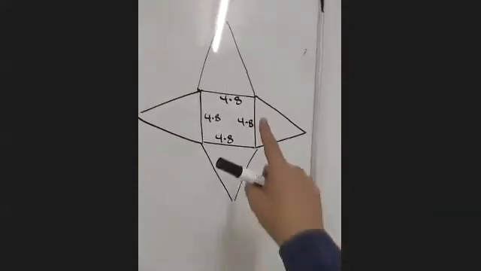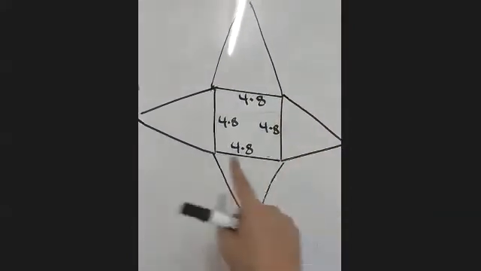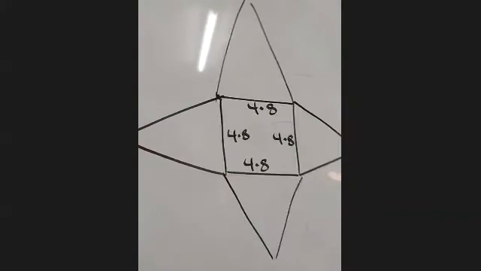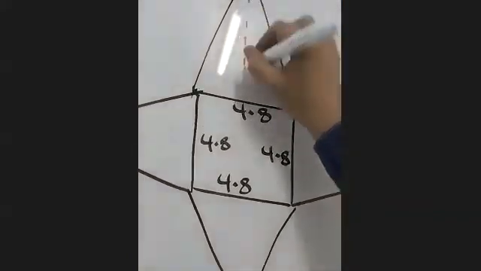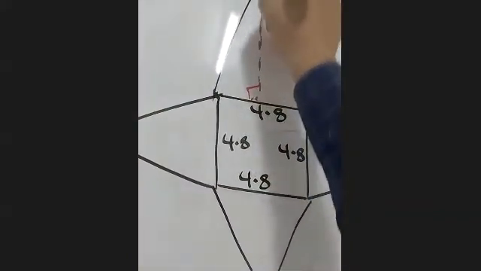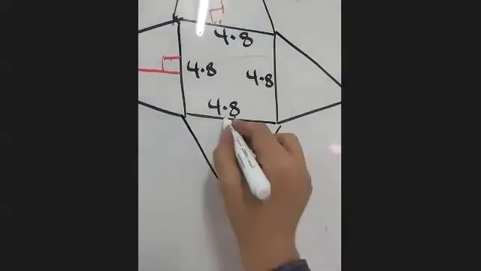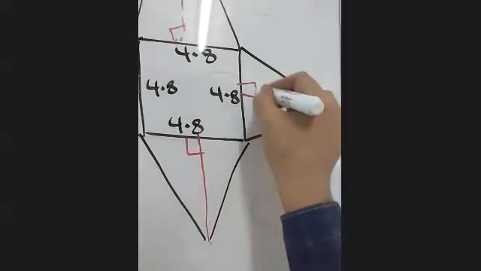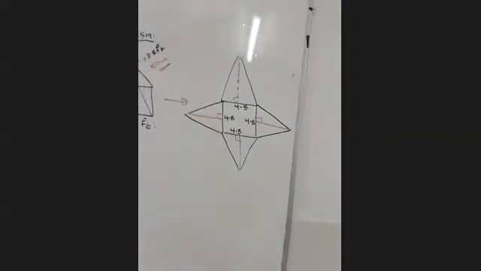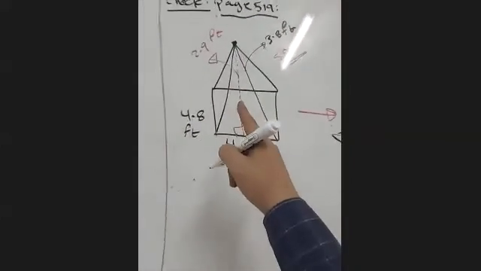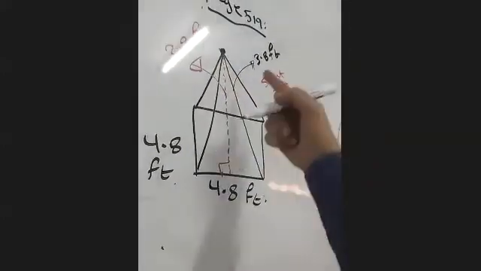Now for each triangle, we have the same base, and the height for all of them is the same. So make the height for each with a right angle. Don't forget that. Try to use another color for the height. The height is given how much? Not this height, the slant height.